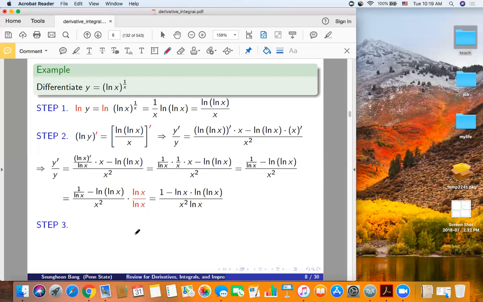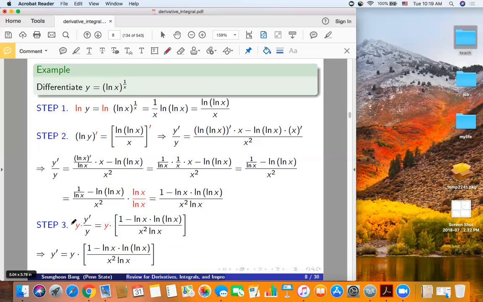Step 3: you multiply both sides by y. So y prime over y is this one, and you multiply both sides by y. So we have it. The next one: y prime is crossed out, and y prime equals y times (1 minus ln of ln x) over (x squared times ln of x).